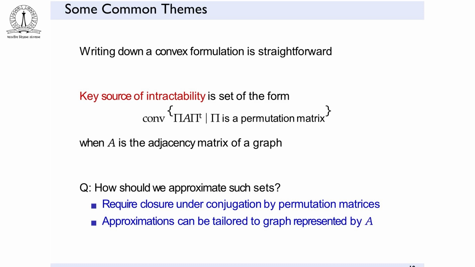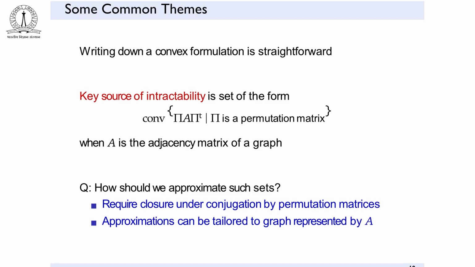Meaning a convex set where if a matrix belongs to that set, conjugating that matrix by permutation matrices also belongs to the set. Okay? So that would be a nice property to have because that's really inherent to the kinds of challenges that we have with these graph problems. That's a constraint on any kind of relaxation we would write down.